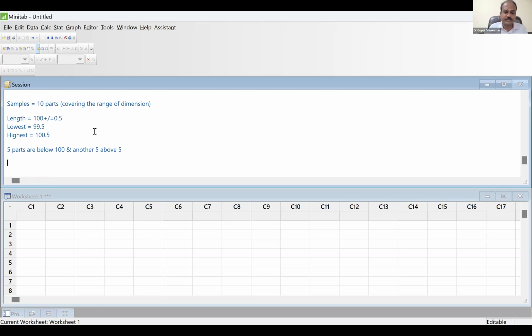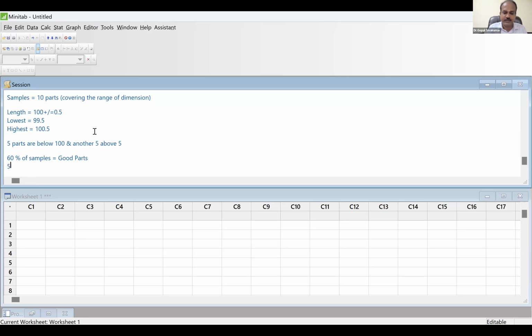And another thing is, 60% of your samples should be good parts. That means 40% of your samples can be bad parts. Do you understand what is a good part and a bad part? Good part means the measurements are closer to the target. You know what is the target? 100.